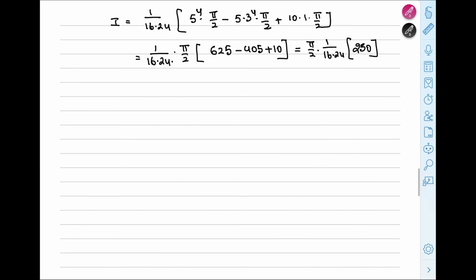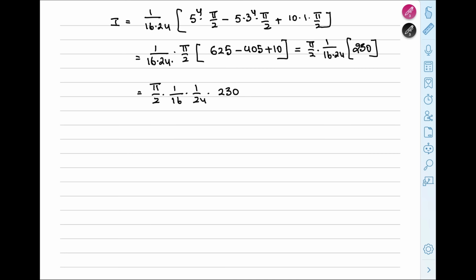Then this answer will be pi by 2 into 1 by 16 into 1 by 24 into 230.